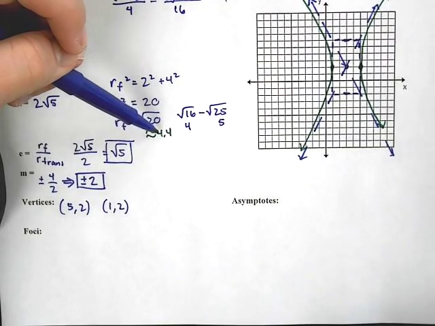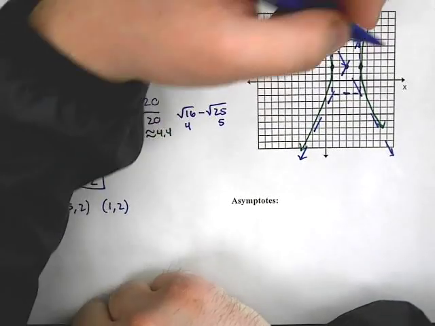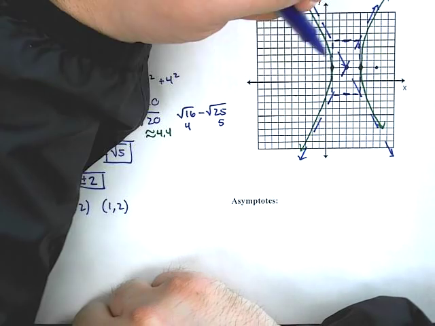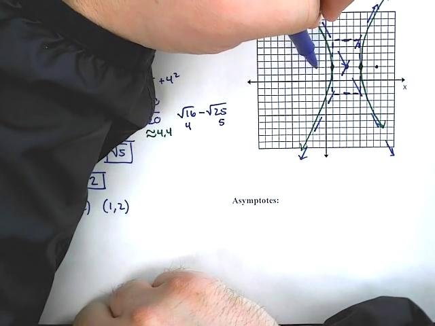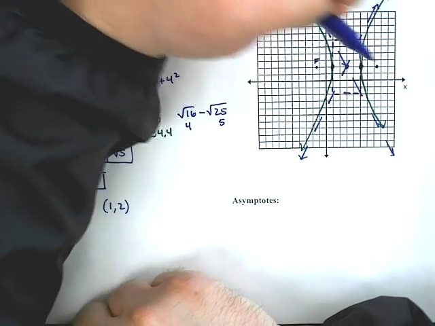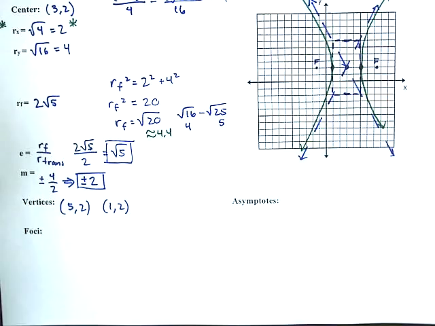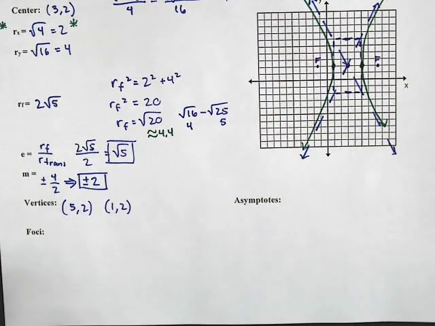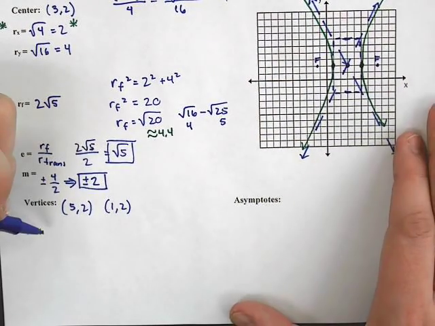Foci, the focal radius was about 4.4. So that means from the center, I need to go about 4.4 and 4.4. And maybe just put F for foci so that you know what those are. But now we can actually figure out where those foci were.